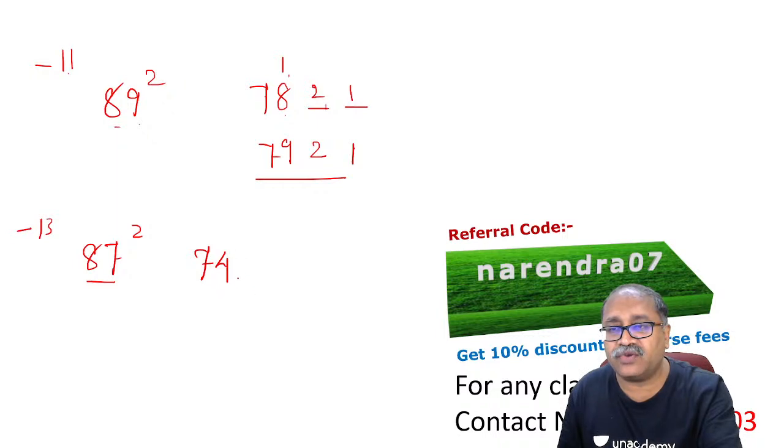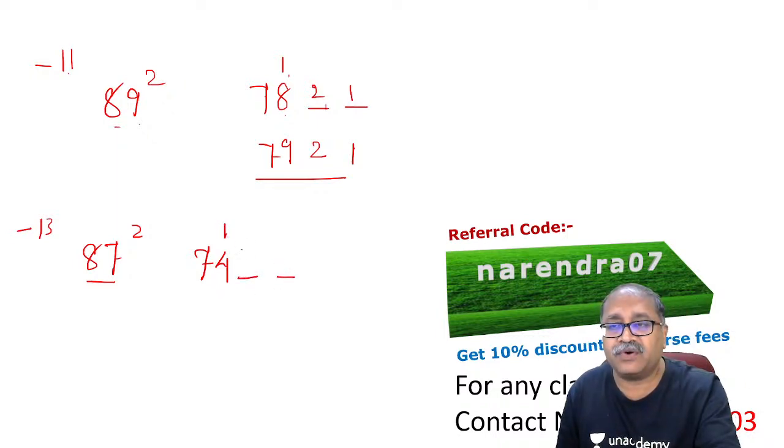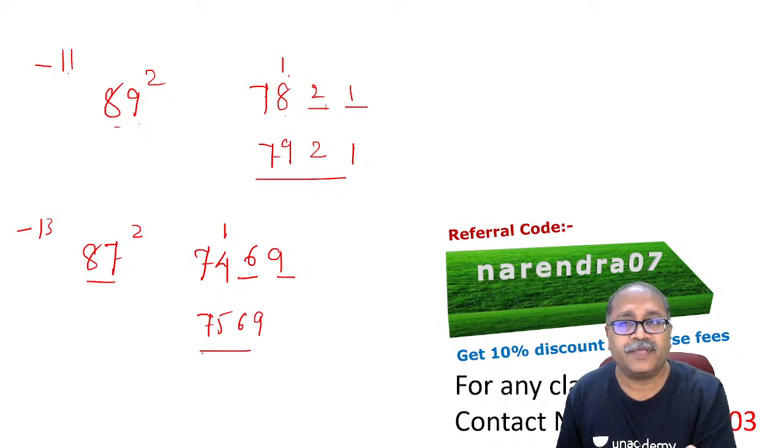So I need to write only 2 digits over here. The 1 will come over here, and then 69. Then this number will be 7569. Like this, any number which is closer to 100, we can respond in this way.